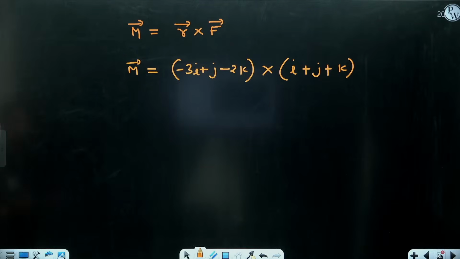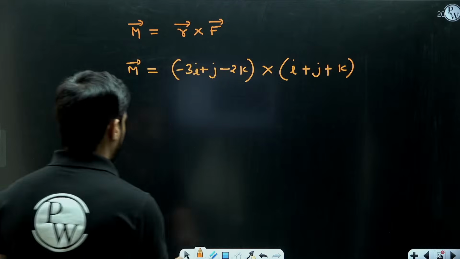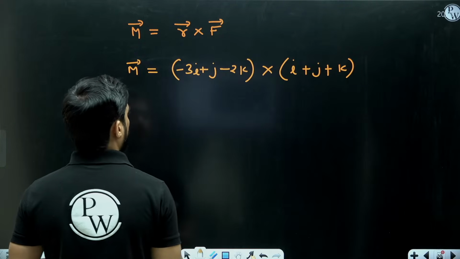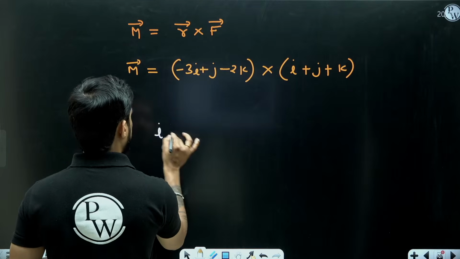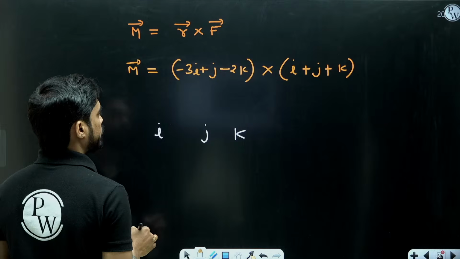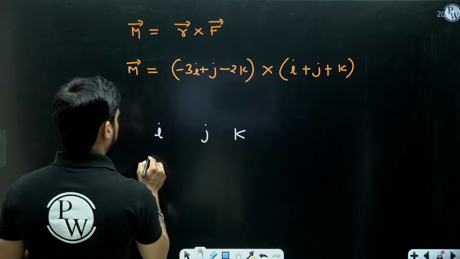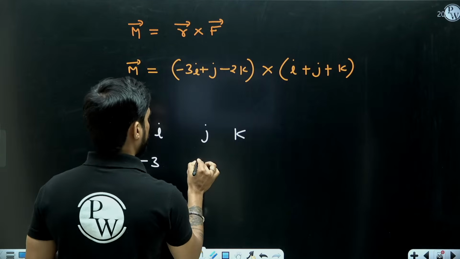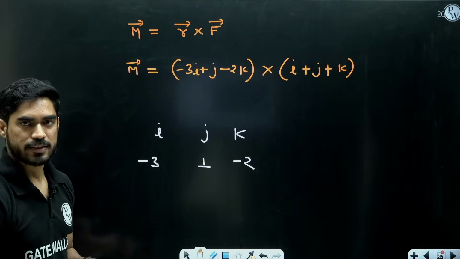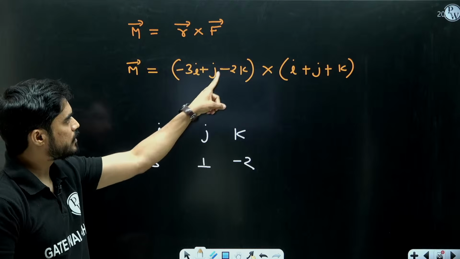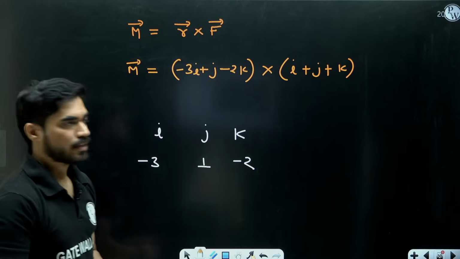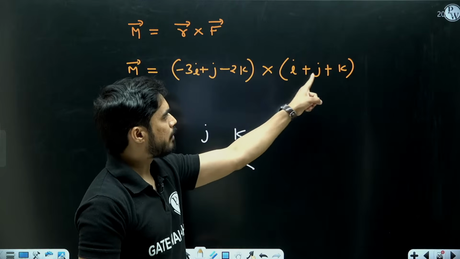Understand very carefully how to find it. We will write it like this: i, j, k. First write r: minus 3, 1, minus 2. Then you write the force vector: 1, 1, 1.